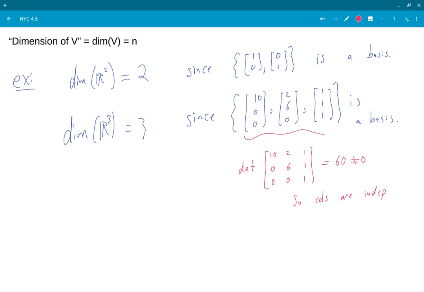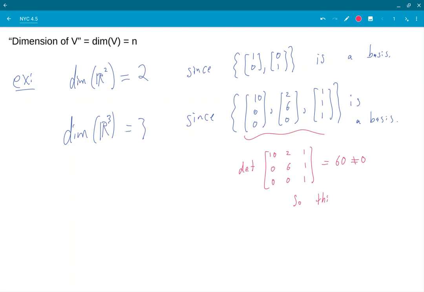So what do I want? Let's go back to columns are independent. How did I put this to you? If the determinant is non-zero, well, what it means is the matrix is invertible. So let's start over. Let's say that instead.